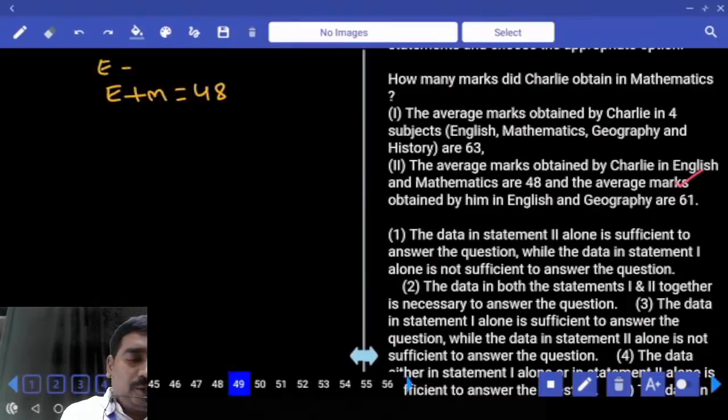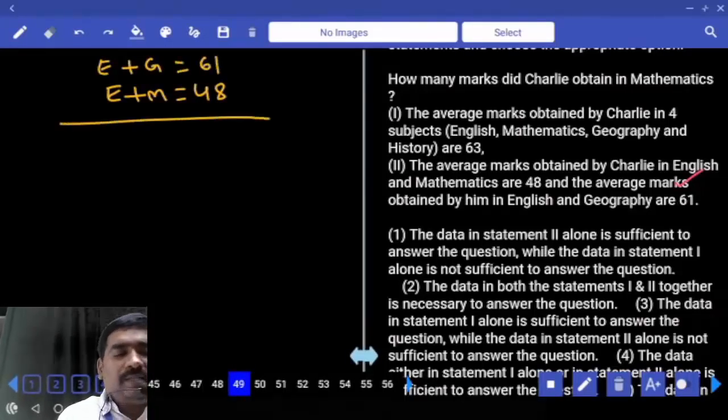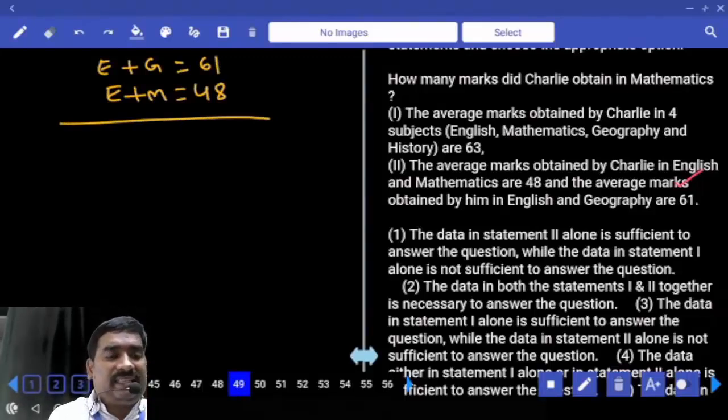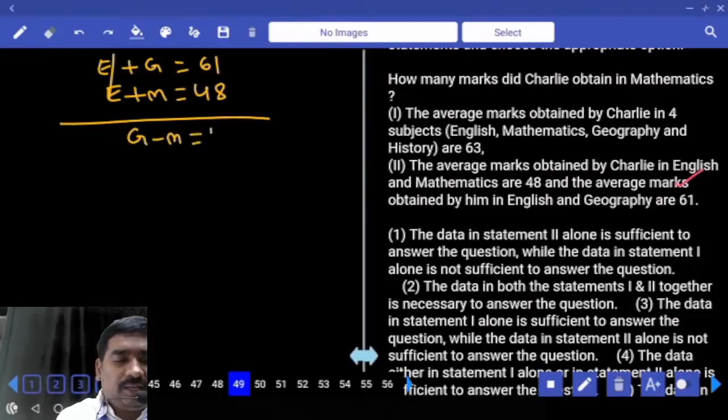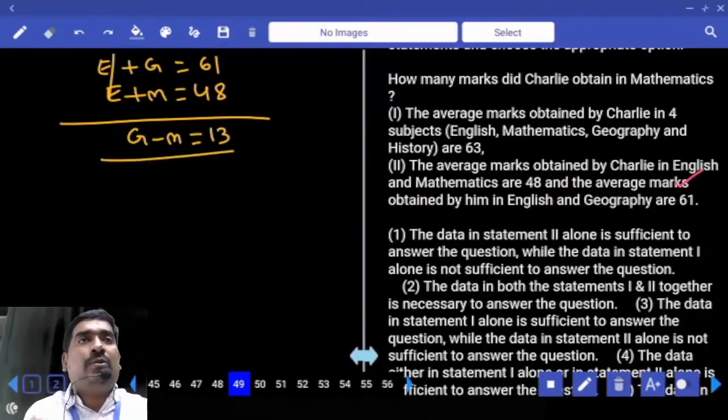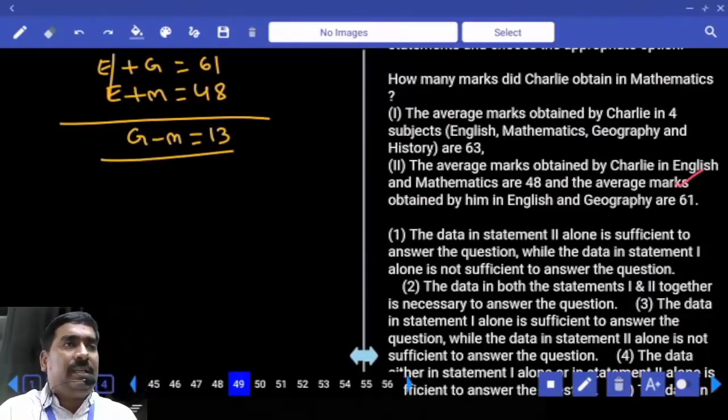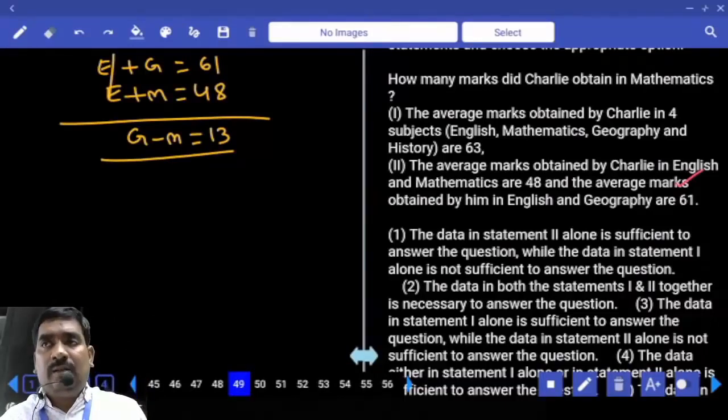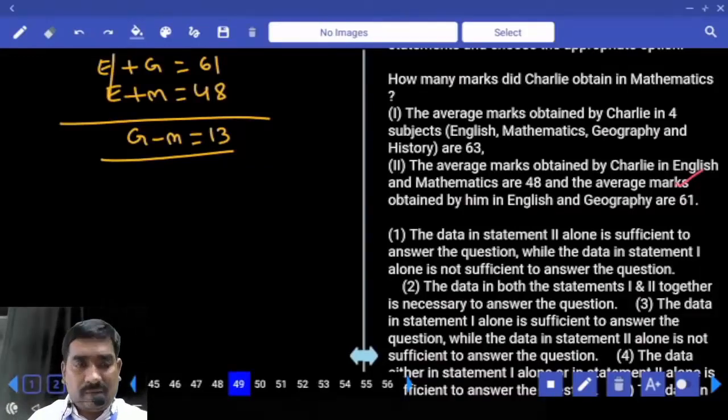If we subtract these two equations, English gets cancelled, or not? Geography minus mathematics equals 13. But I don't know geography here. Is it possible to say mathematics? No. 1 alone not possible, 2 alone not possible, 1 and 2 also not possible. Neither 1 nor 2.